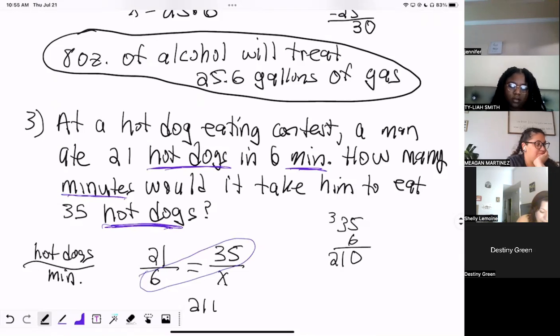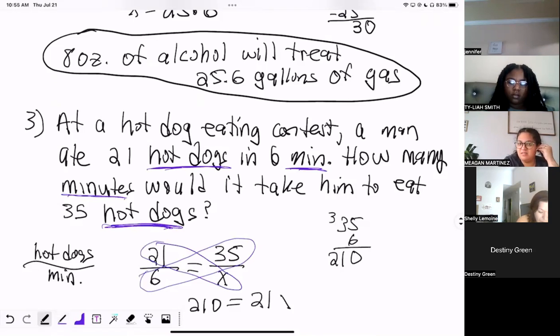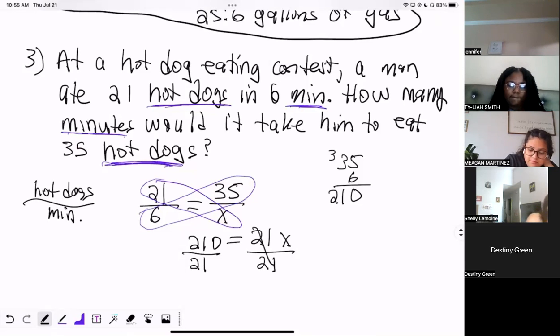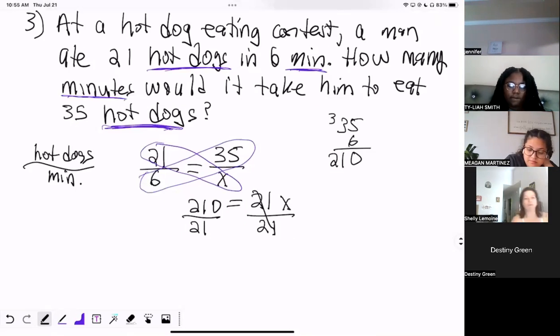So 210 equals 21x. Oh, this one's going to be nice. Divide both sides by 21. 210 divided by 21 is just 10 minutes.